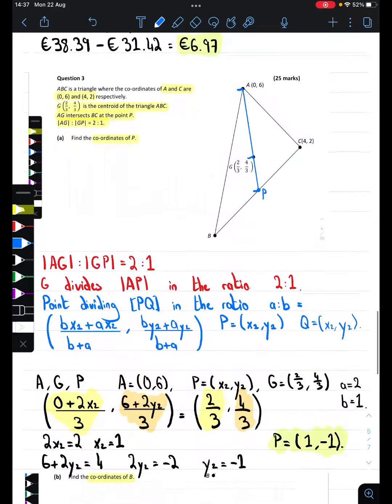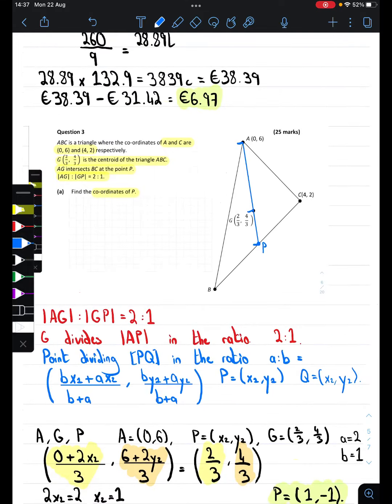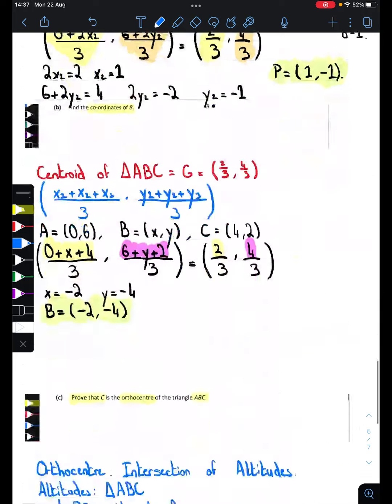And so C would be the orthocenter if... we have this little trick.